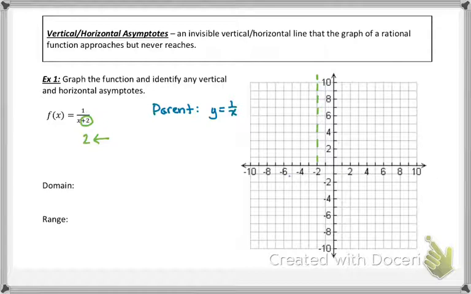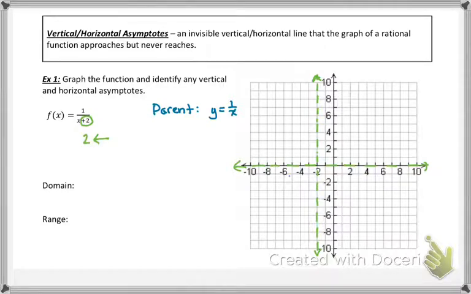Here it is, my new y-axis, which is my asymptote, my invisible vertical line. And then I don't have to move up or down, so my x-axis can stay here, just moving my whole graph to the left 2 units, and everything else stays the same.